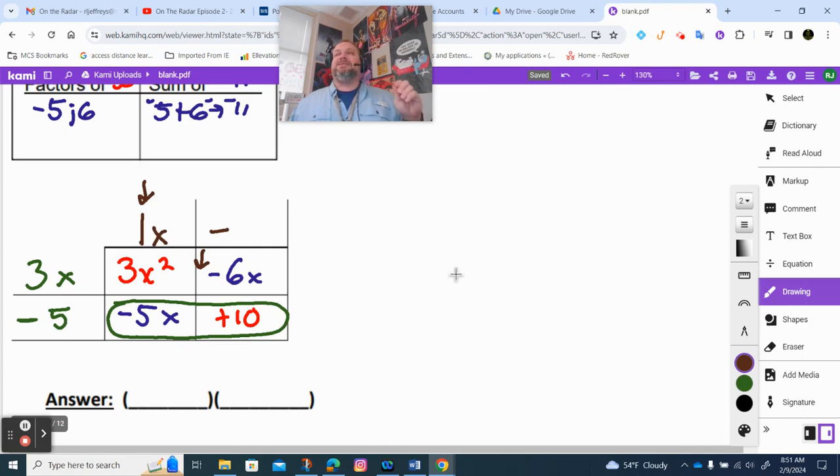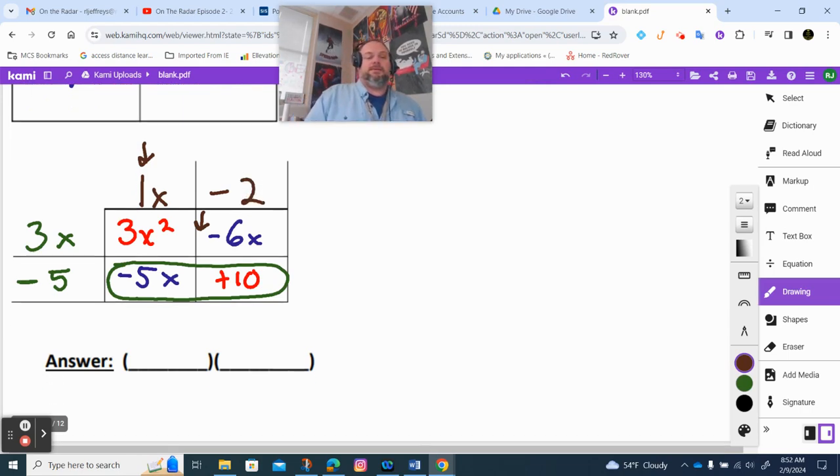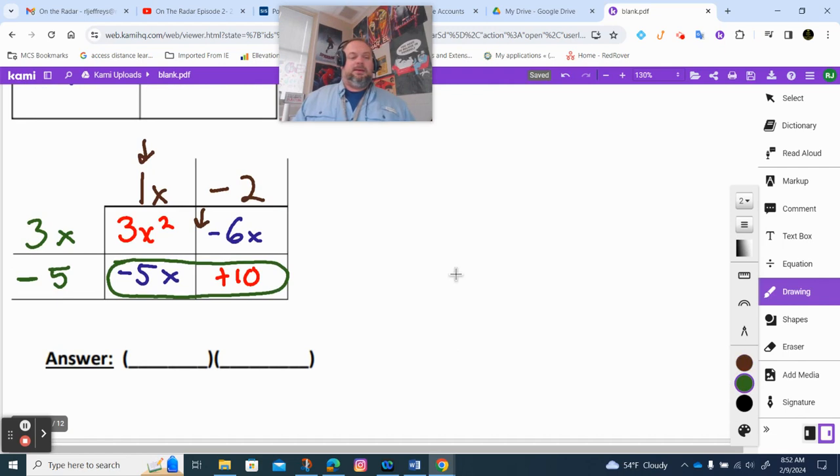What is the biggest number that will divide both 6 and 10? 2. 3x minus 5, and then x minus 2. So that's how we get our pluses or our minuses on the inside of the parentheses.